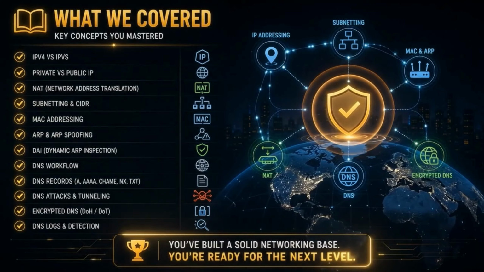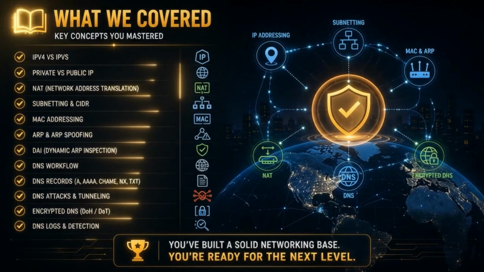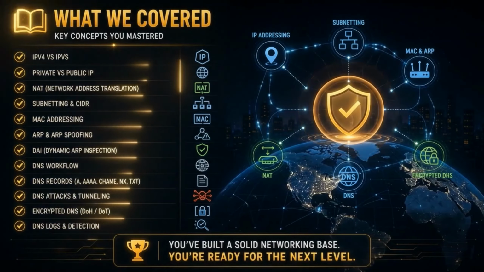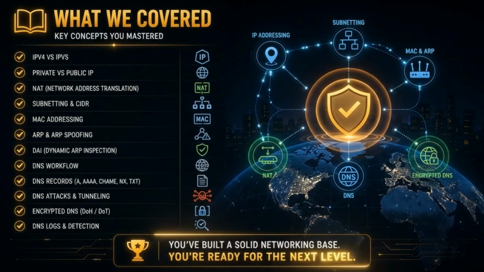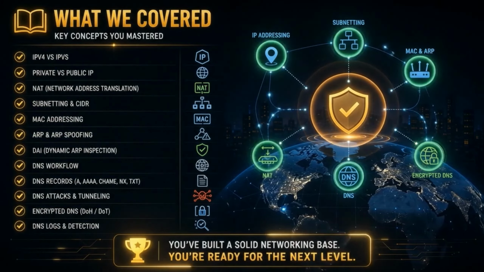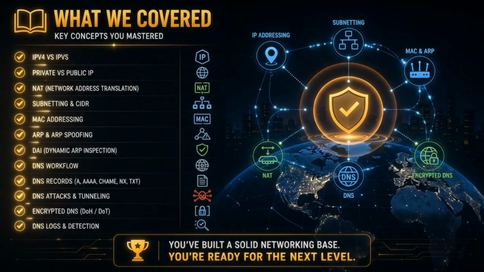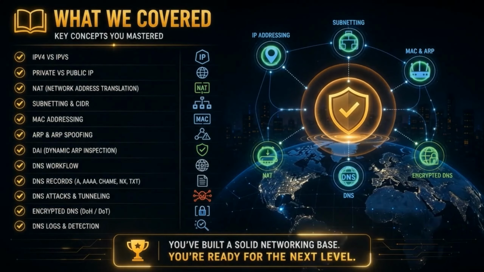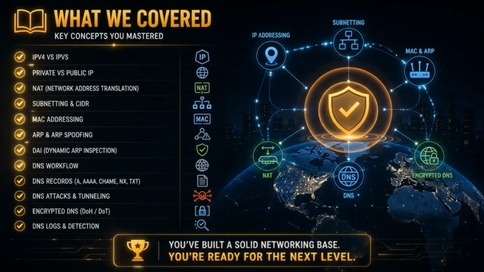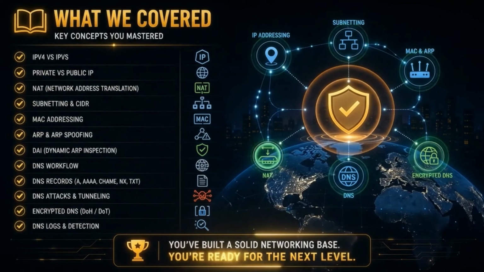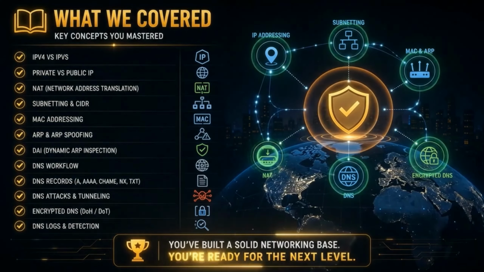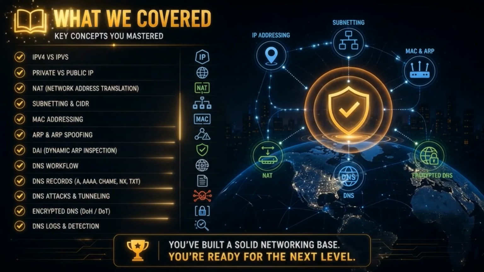You discovered how devices find each other using MAC addresses and ARP, and how attackers abuse the trust with ARP spoofing. Then you explored DNS, the internet's phone book, and saw how attackers hide stolen data using DNS tunneling. You also learned why encrypted DNS makes detection more challenging and why DNS remains one of the most important log sources for every SOC analyst.